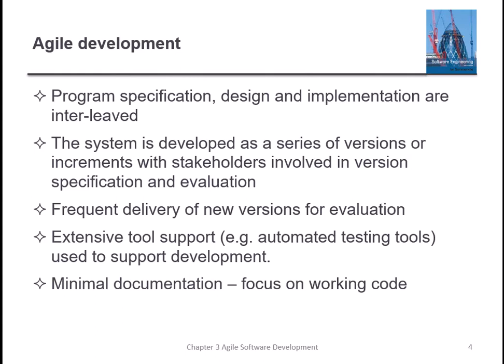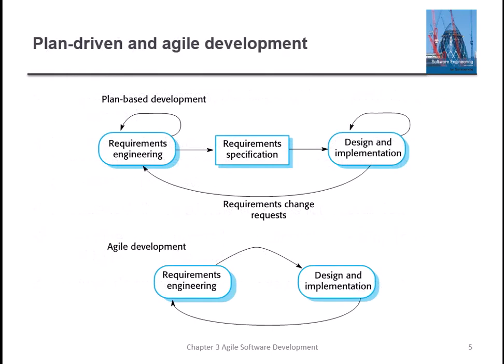Agile development also has extensive tool support, for example, automatic testing tools are used to support agile development. Minimal documentation, with a focus on working code. So agile development focuses less on the documentation process.